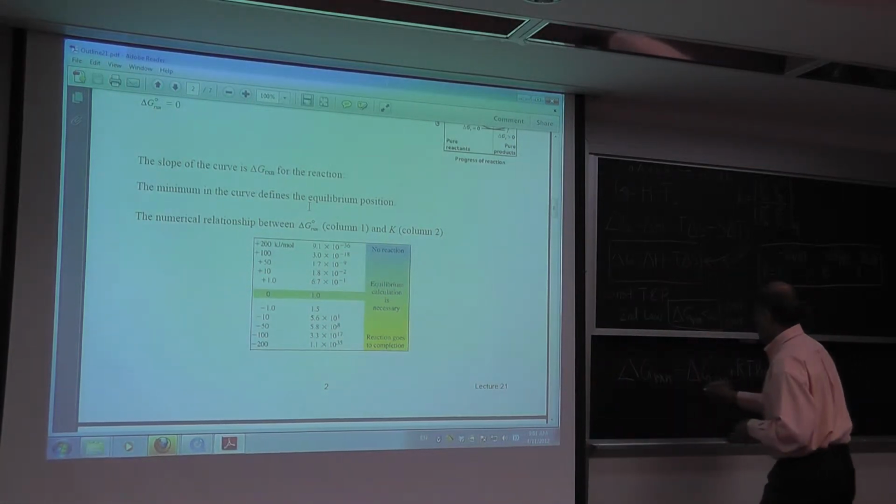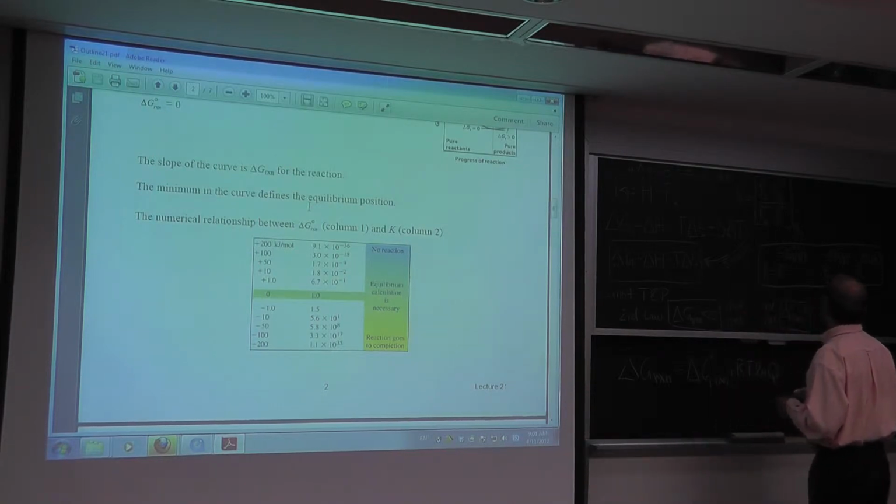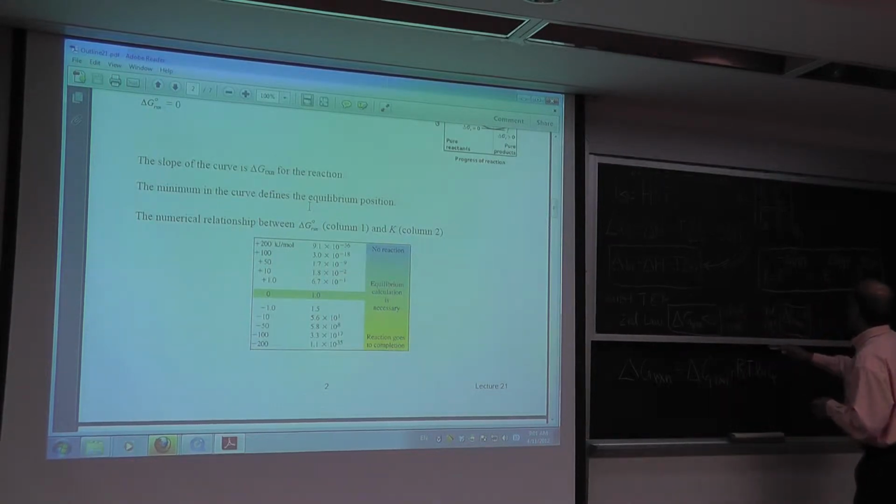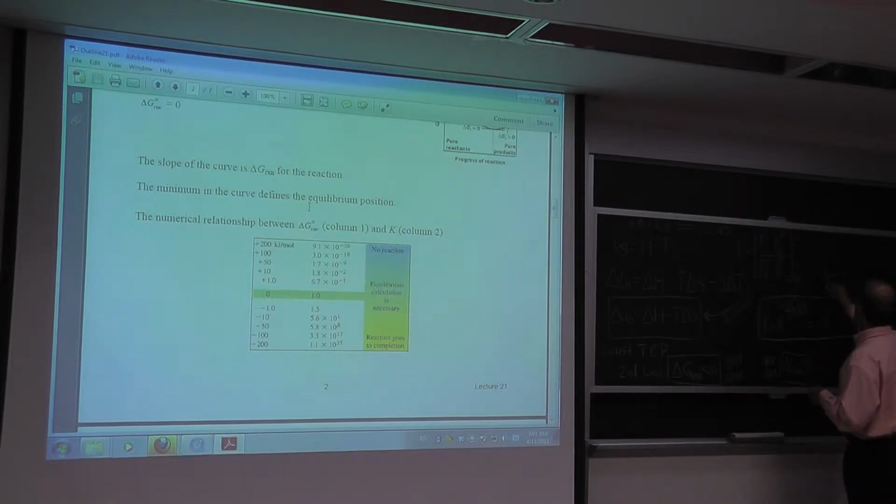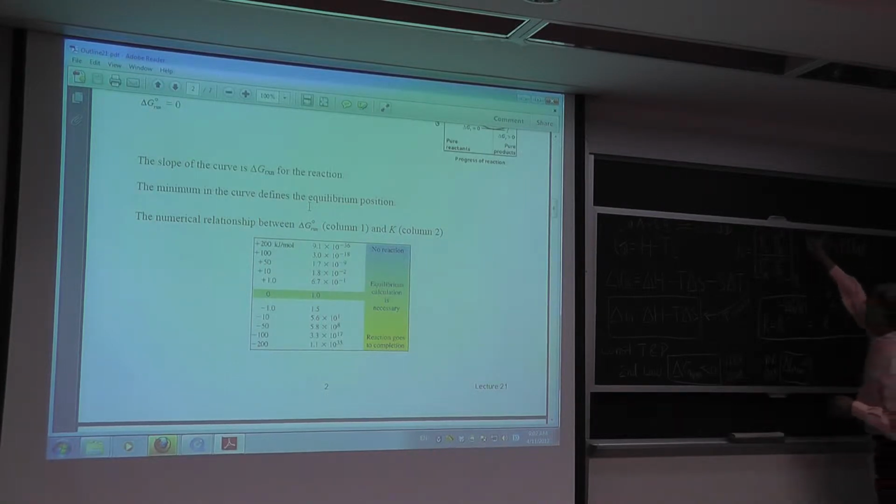I got this from this equation, which gives me this equation here. If I know what delta G naught reaction is, if I put in numerical values and assume room temperature, I can calculate what K is.